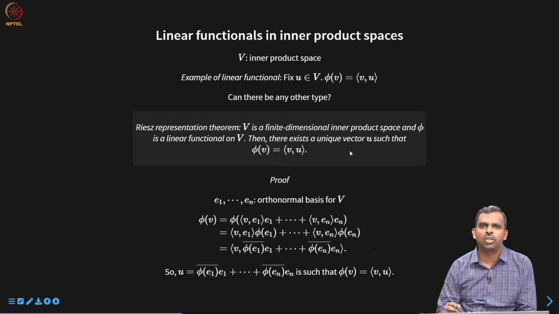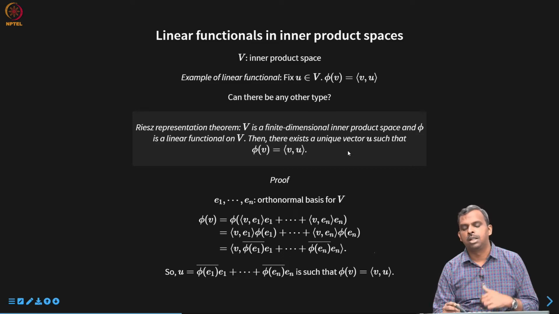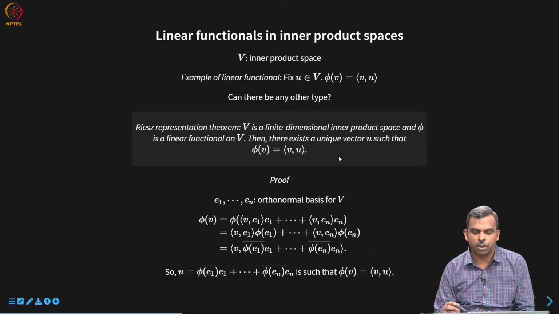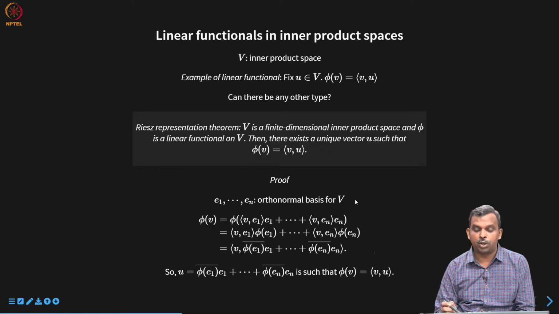Usually uniqueness is done by contradiction. You assume there are two different vectors u1 and u2, and then show finally that u1 has to be equal to u2. It's quite easy in this case. So this is reassuring to know. For any linear functional in a finite dimensional inner product space, you will have only the inner product showing up. You can always find a u so that this will happen.